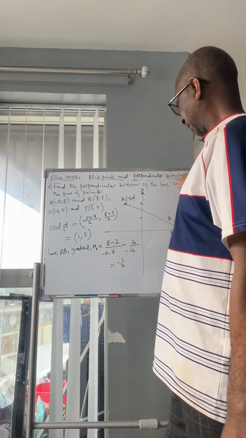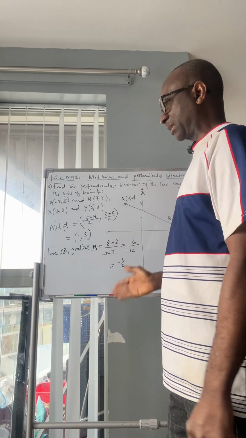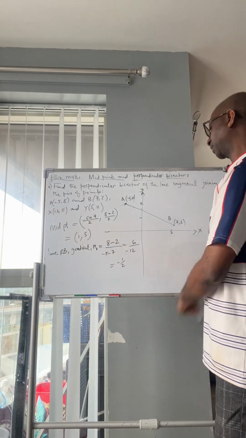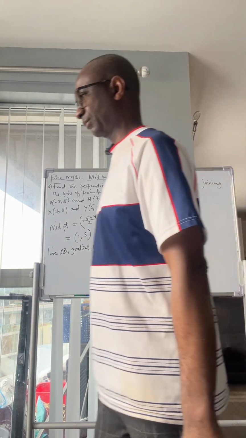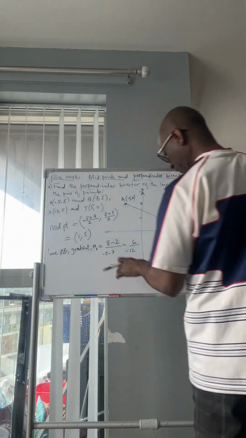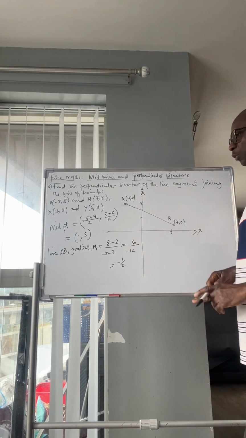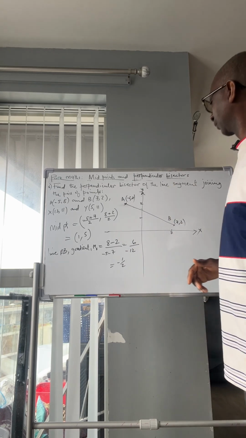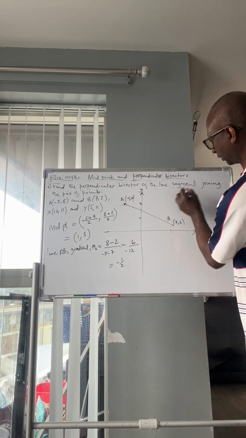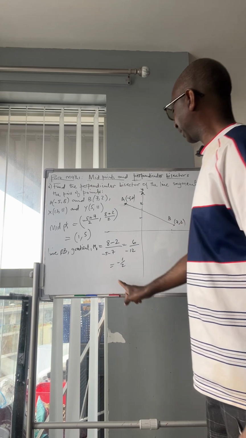If the line slopes up from left to right, the gradient is positive. Keep this at the back of your mind: if your answer differs from the diagram, you know you are wrong somewhere. When the line slopes this way, the gradient is negative; if it slopes that way, it is positive, always. Fine, so now we know the gradient of this line.